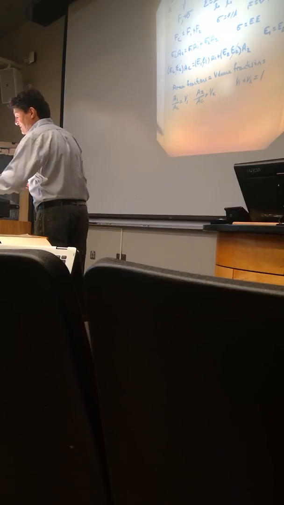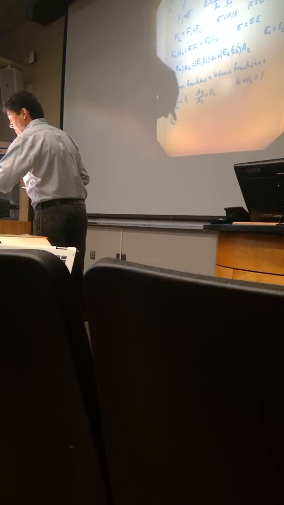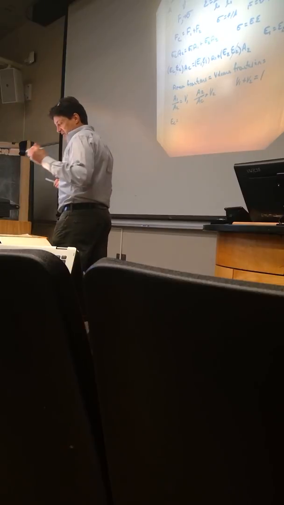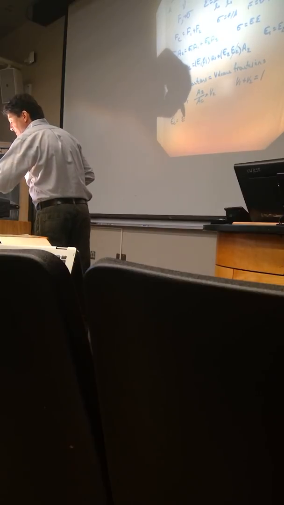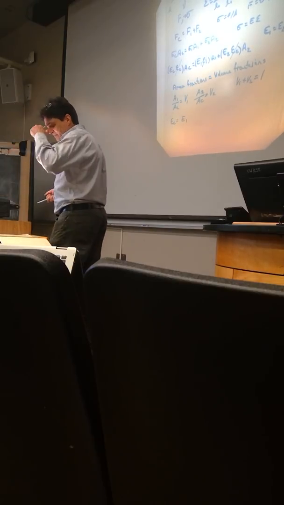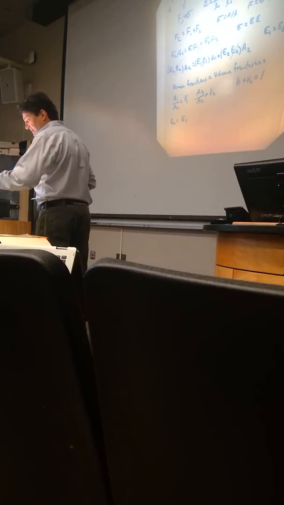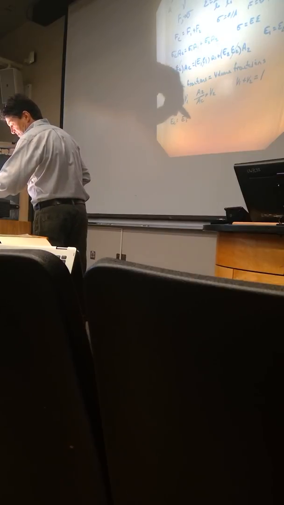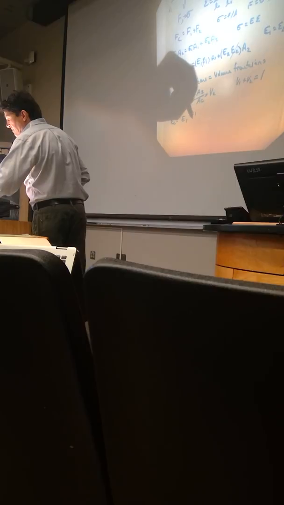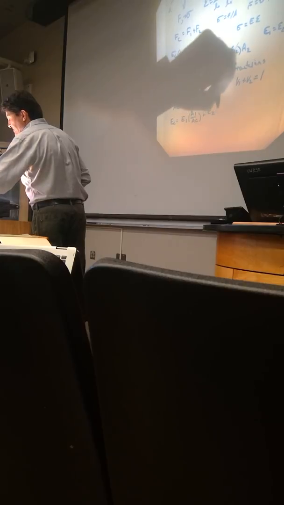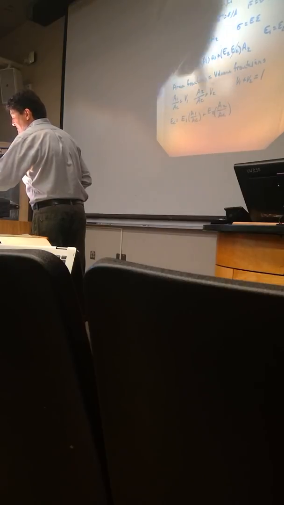So E of the composite is equal to E1 times A1 divided by AC plus E2 A2 over area of the composite.